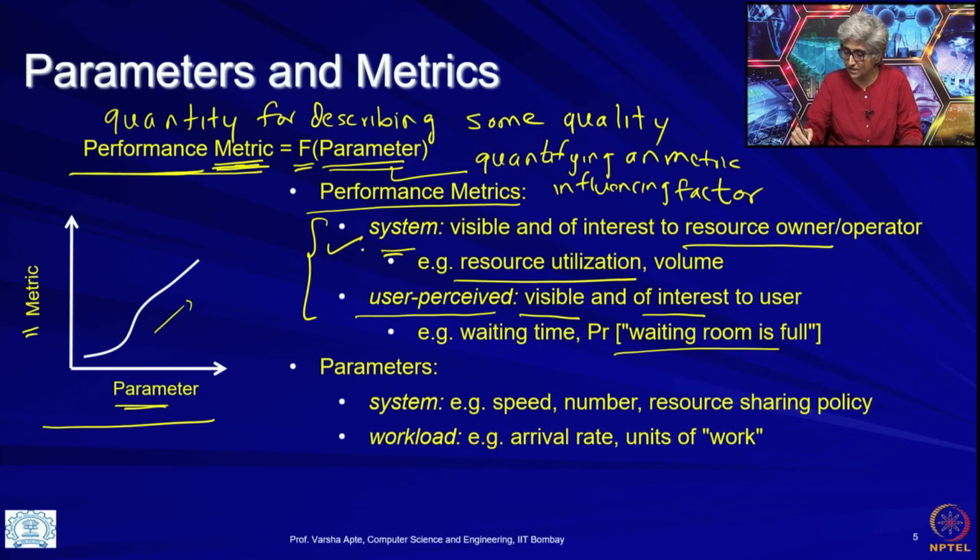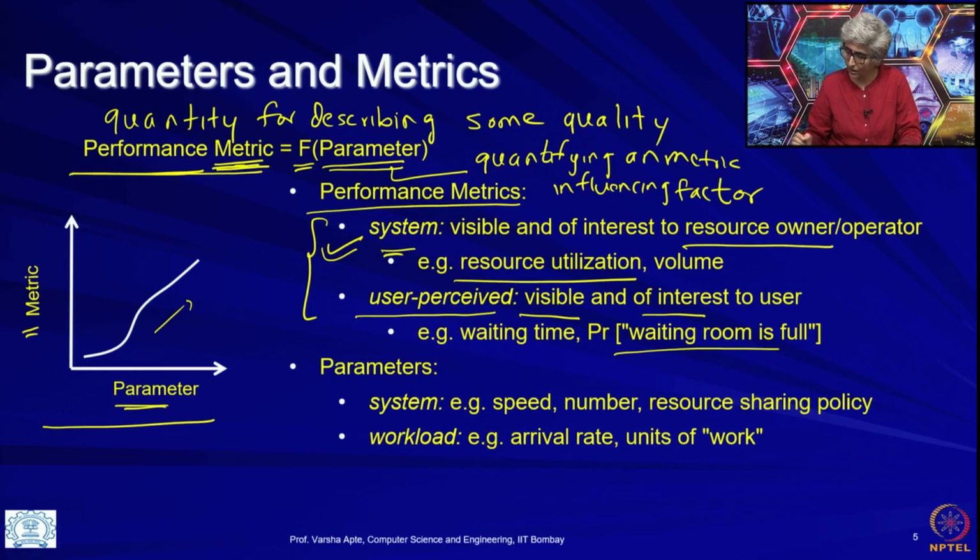So, these are the system and user metrics, and in fact they are often in conflict with each other. System owners want their resources to be utilized. Now, imagine for example the escalator. If somebody installs 2-3 escalators and they are not being used, that means you did not estimate properly the number of people that are going to come to that station or the mall, and you put in too many escalators and you are spending so much money, right.